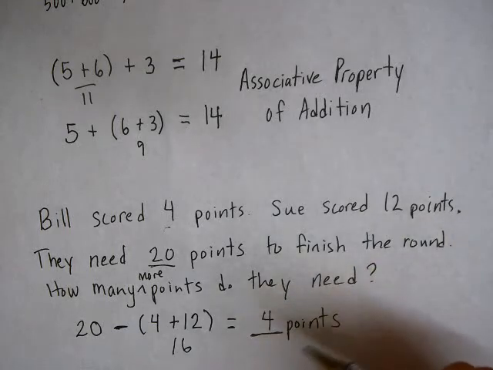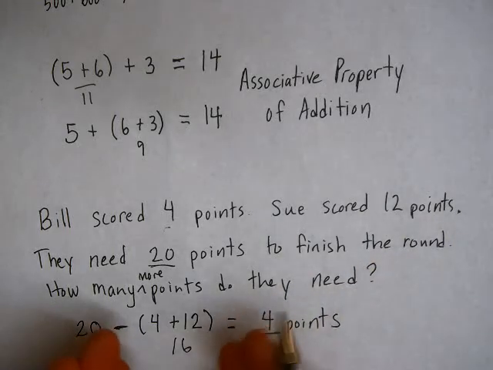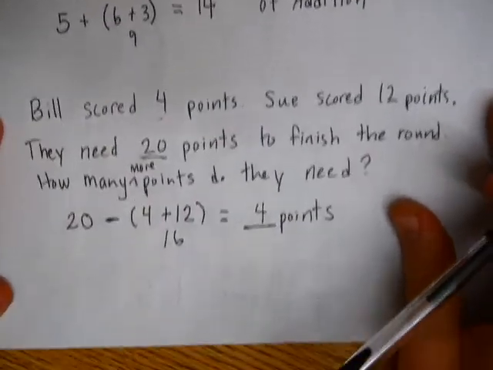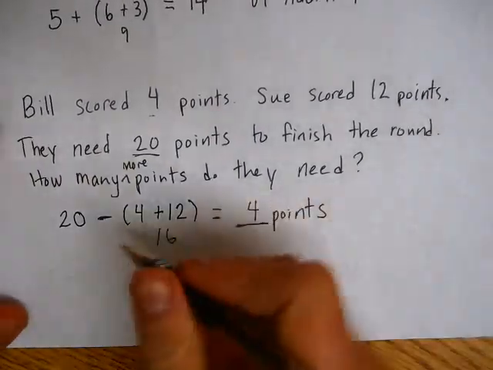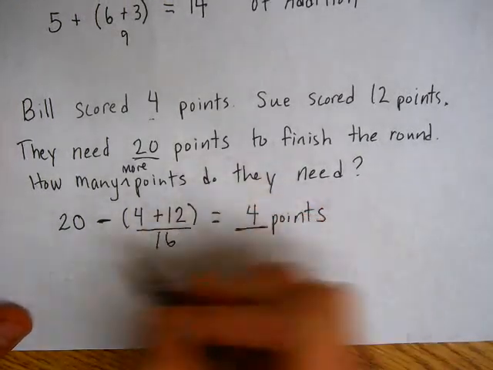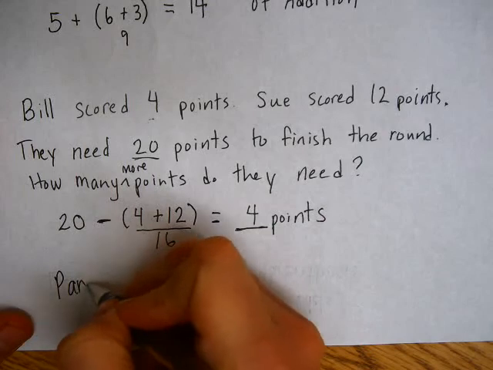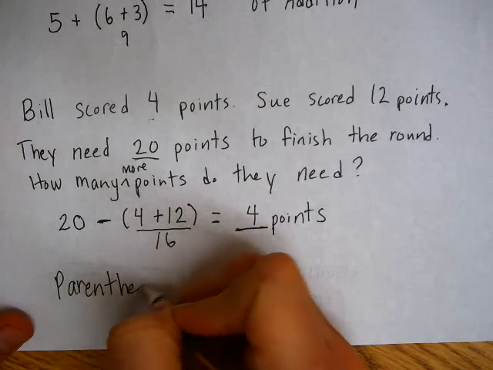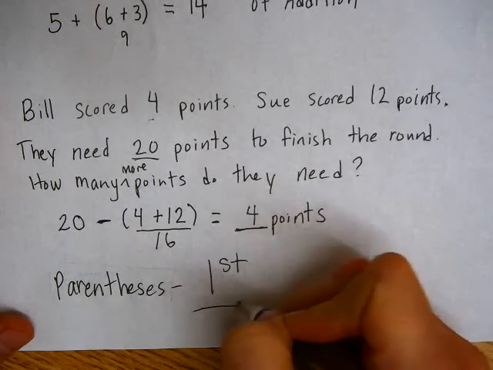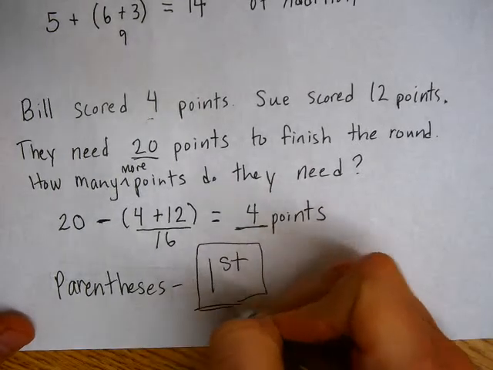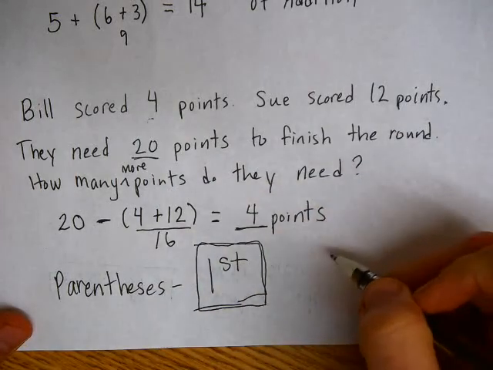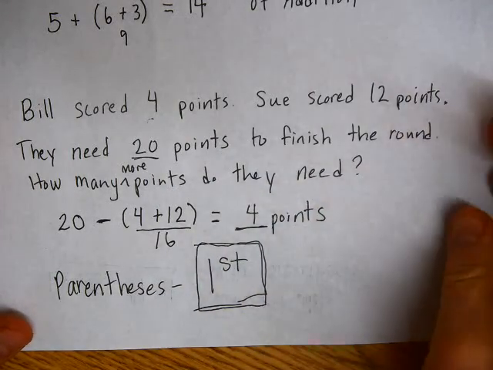There are also, of course, other problems where multiplication may go in the parentheses, but the key thing with solving problems with parentheses, whatever the number model is, is that we want kids to solve what's in the parentheses first. So that's number 1. And that's the basic idea that we try to get across to kids at this point: to solve what's in the parentheses first.